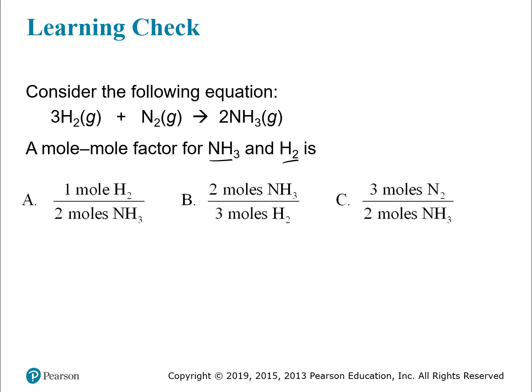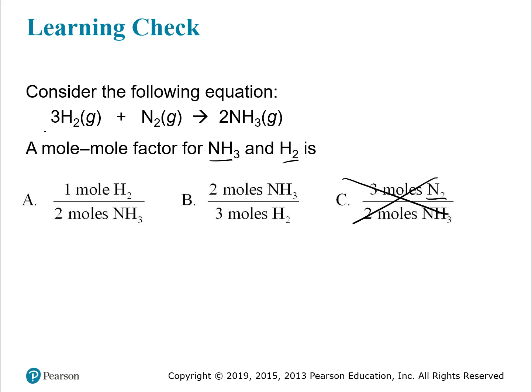So here we can do this 2 ways. We can simply write out the mole-mole factors for NH3 and H2, or we can go through each answer choice and kind of rule it out. The first thing we can do, if we're going to go with ruling out any of these answers, is make sure that the compounds we're interested in are the ones that are actually in the answer. You'll notice in C, it's talking about nitrogen gas. We don't care about nitrogen gas, so it can't be that. In A, we've got 1 mole of hydrogen gas and 2 moles of ammonia.